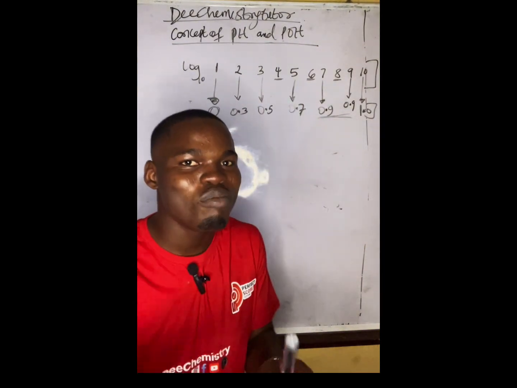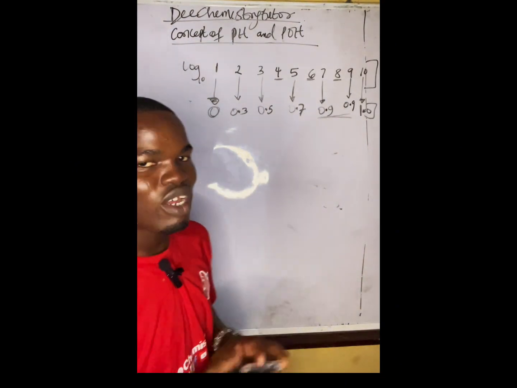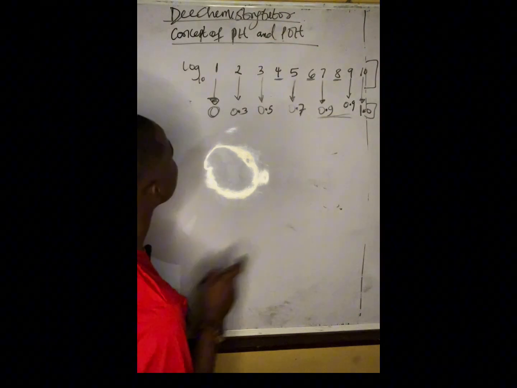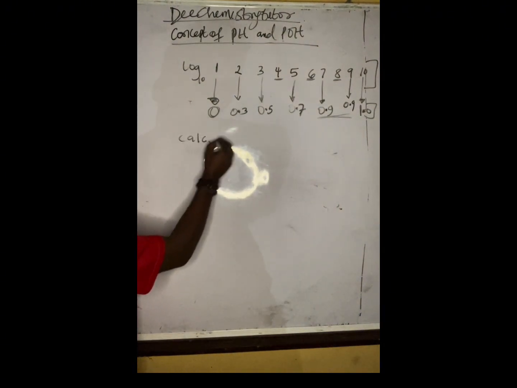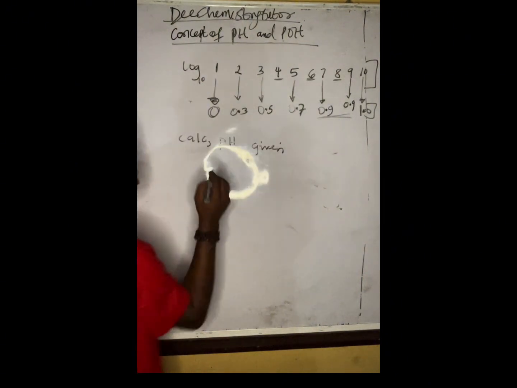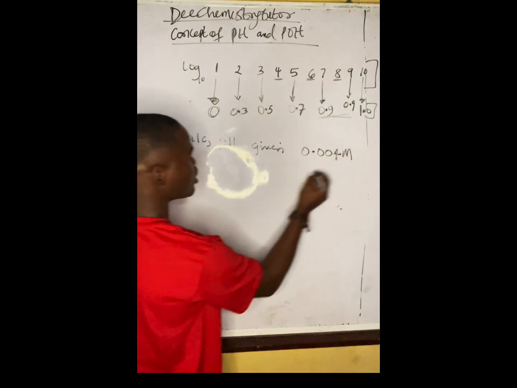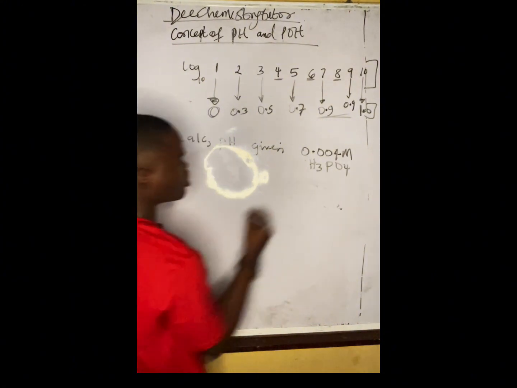Now, there is a better trick when solving. We've gotten this. Now, let me give you another question. Let's say I ask you to calculate the pH given 0.004 molar H3PO4.